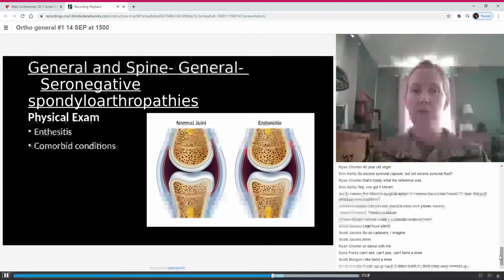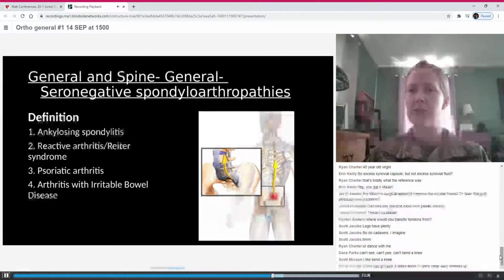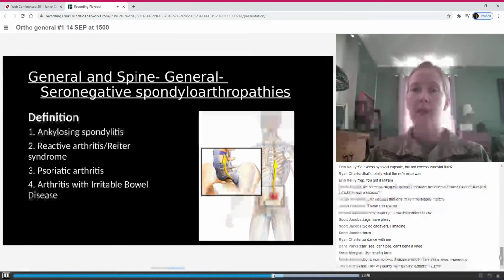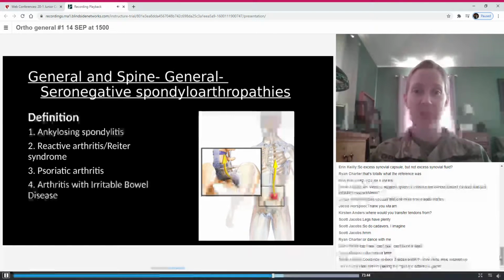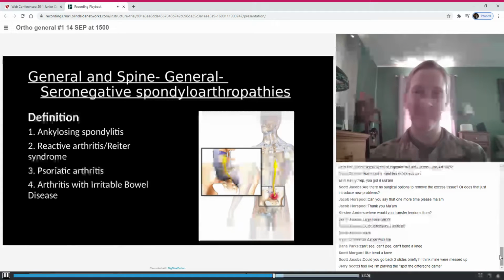Back 2 slides, says Jacobs. Yeah, yours does look a little bit different. I'll hold here for just a second because when I was going through them prepping for lecture, I was like, that's not even a complete thought. I promise it's limited to... this was the one where I had to make something because it was different.